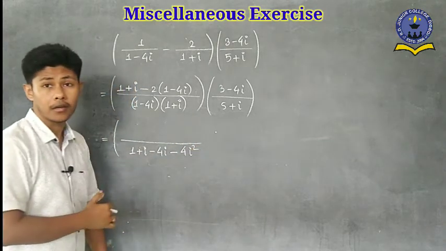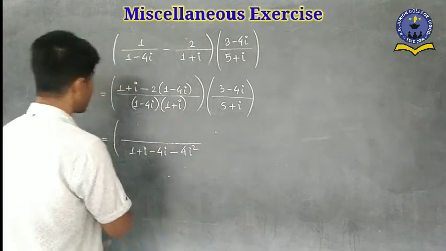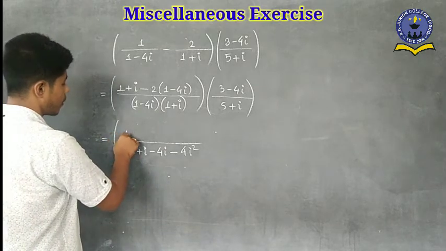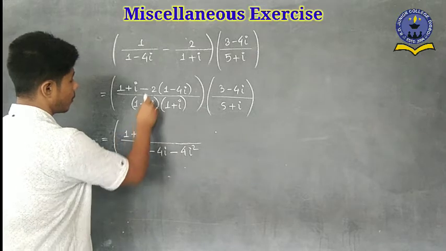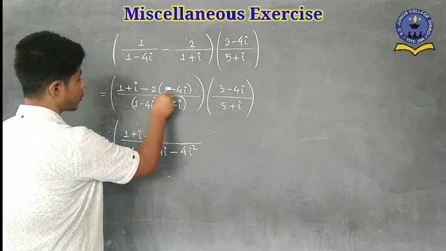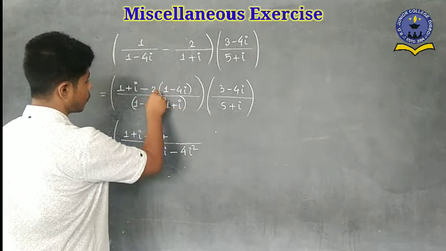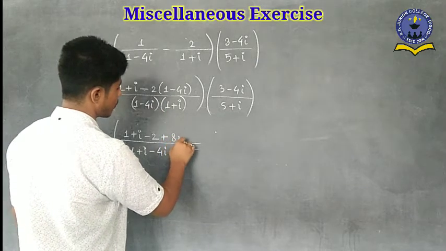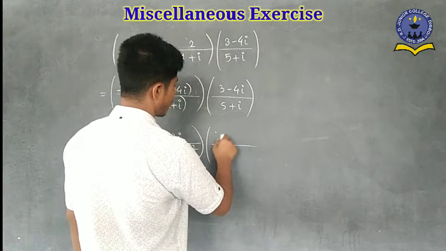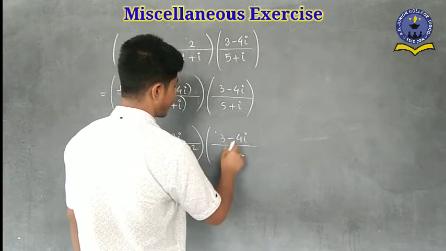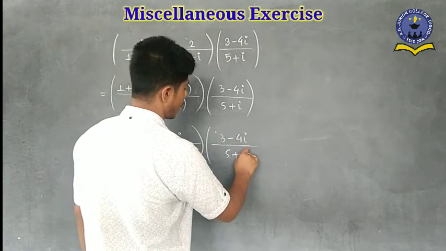Is it clear? So this one you have to multiply. Now in this way, the numerator part we write as 1 plus i minus 2, minus minus plus, so 2 fours are 8. That means we write 8i. And the other part remains the same here: 3 minus 4i divided by 5 plus i.